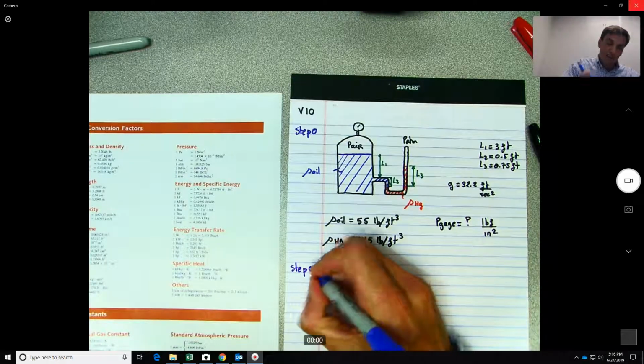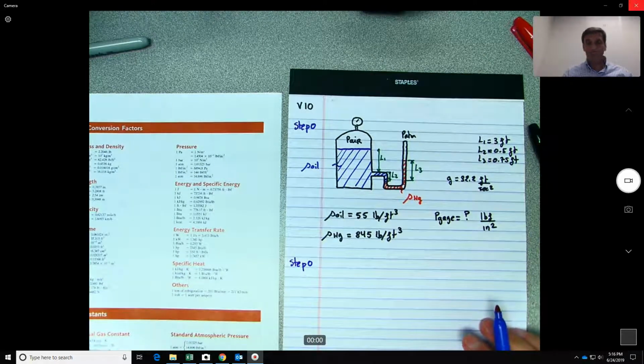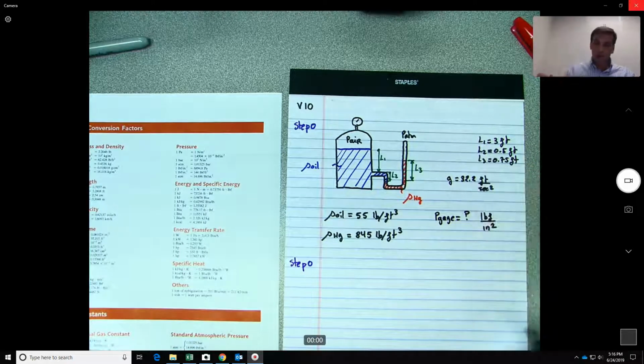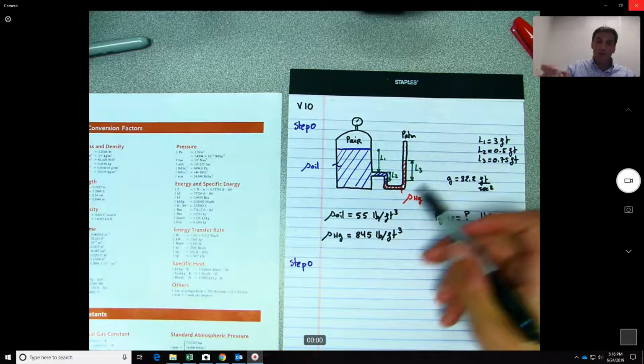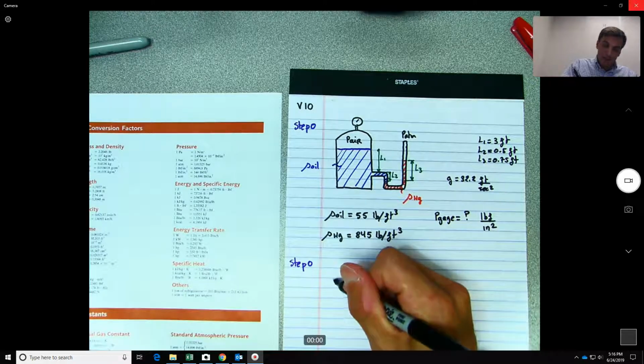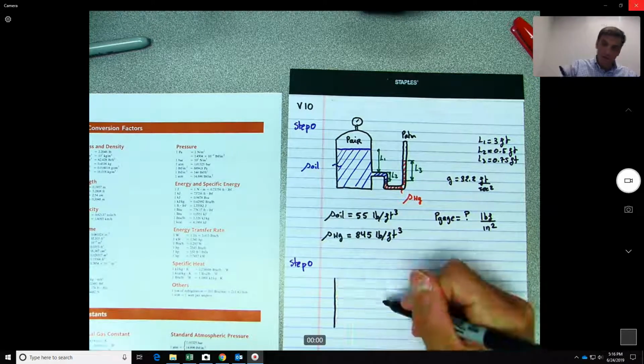In this case, step 0 looks like it's going to be an identical figure to this one, but let's try to make more clear all this area over there.